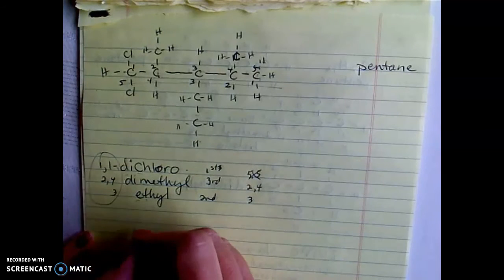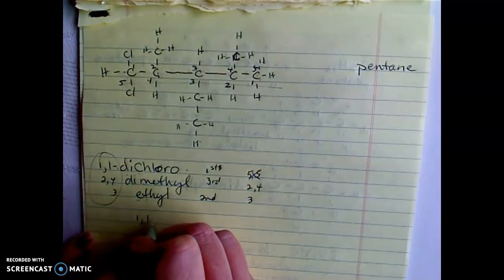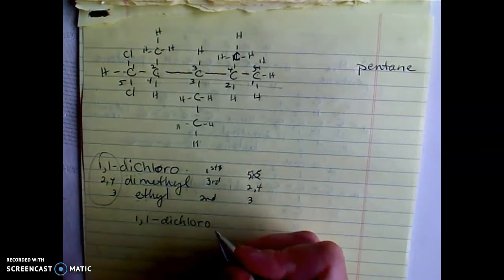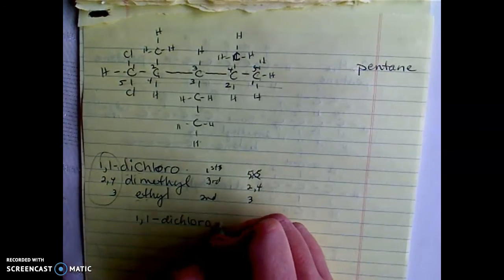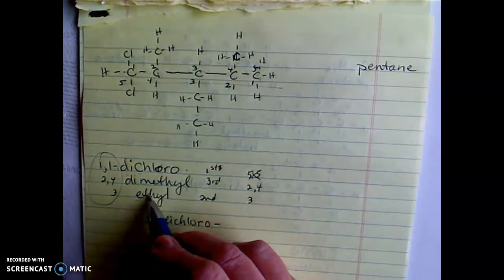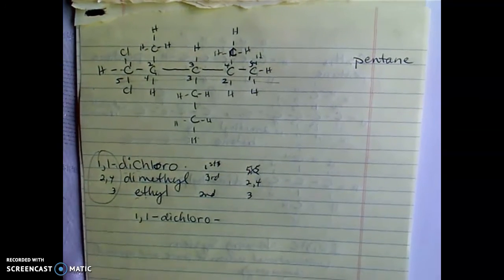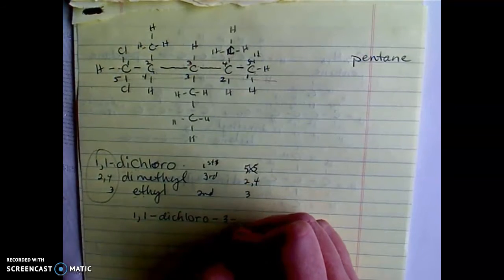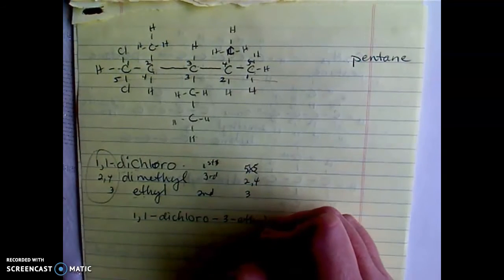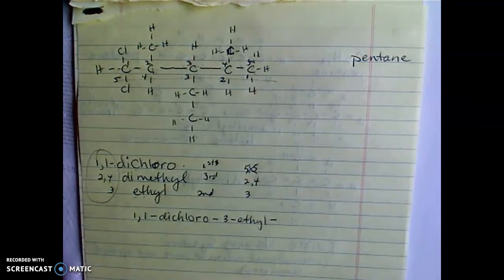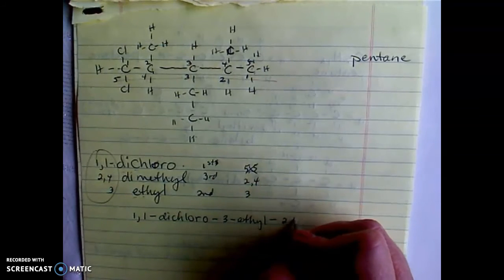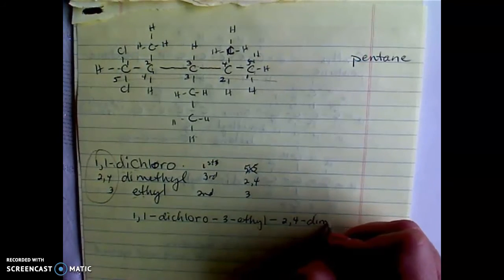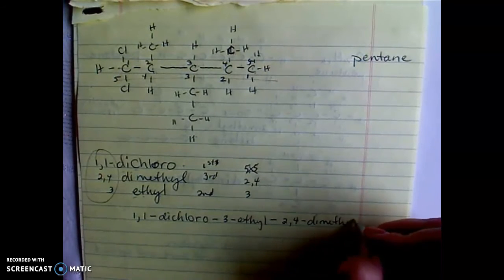So my final name is going to be 1, 1 dash dichloro. Then you're going to put another dash. And then remember, ethyl alphabetically comes next. So that's going to be 3, and again, another dash, ethyl, and then a dash for the next part of the name, 2, 4, dash, dimethyl, and then you add pentane.